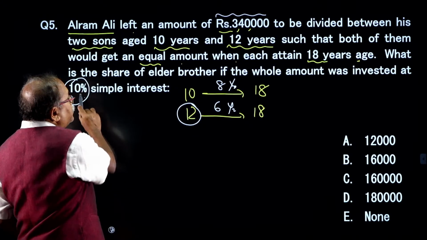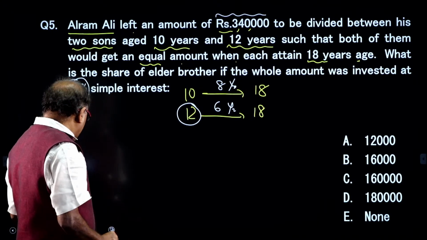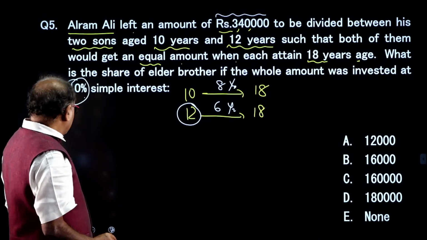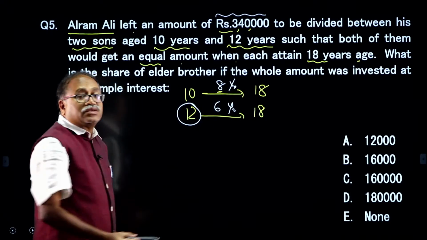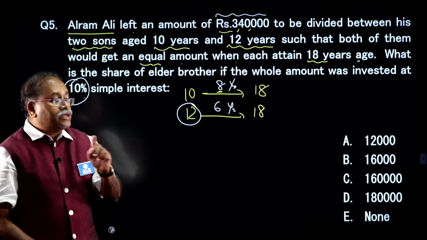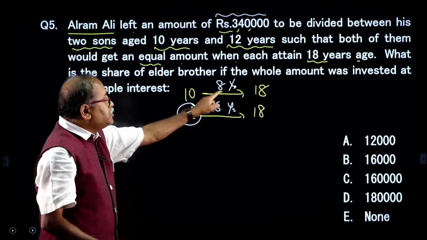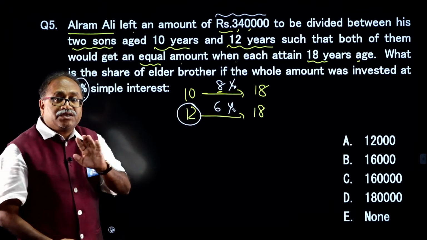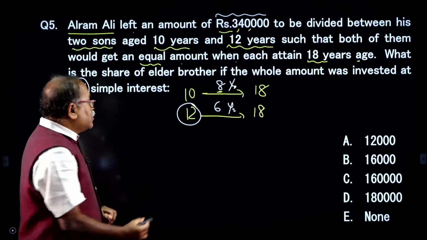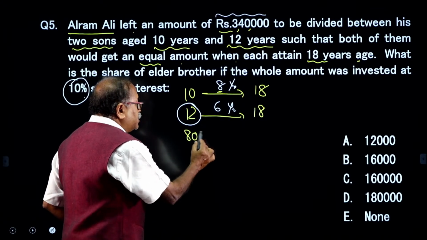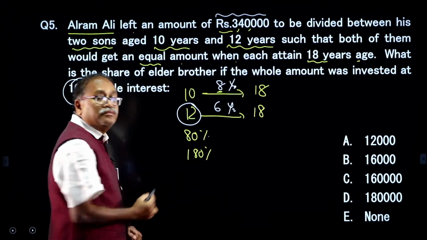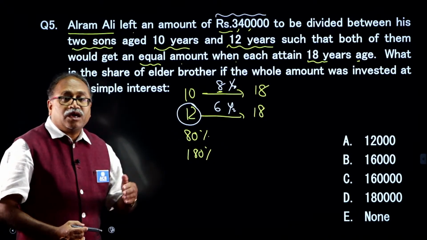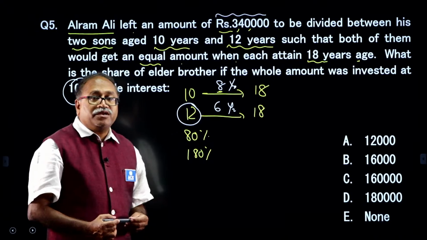Now, simple interest at 10% per annum, the first person for 8 years, per year 10%, the total interest is 10 into 8 is 80%. If the interest is 80%, the amount will be 180%.